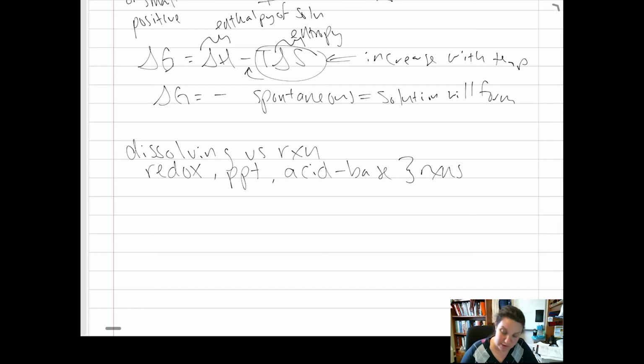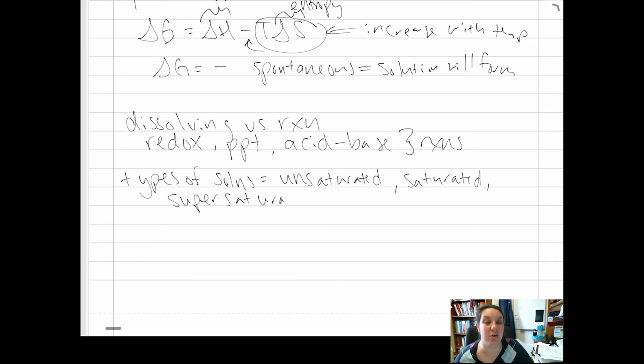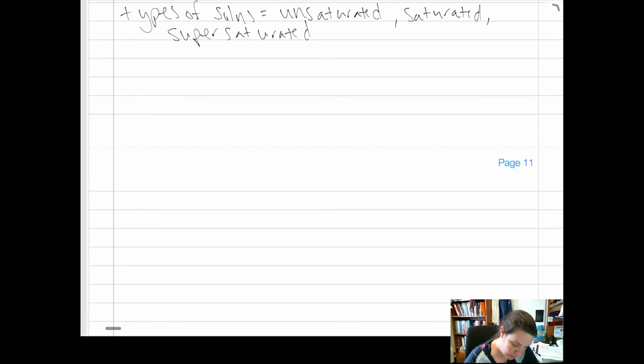You should know our different types of solutions. So we have unsaturated, saturated, and supersaturated. So you should be able to describe these in terms of equilibrium. You should understand the factors that affect solubility. Of course, we've got intermolecular forces, similar intermolecular forces, similar solubilities, or we get solubility.